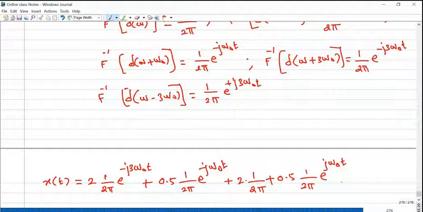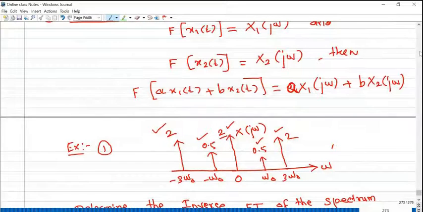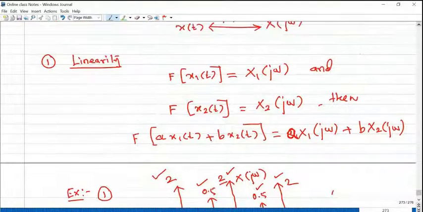Okay. The last one, del of omega minus 3 omega naught. So magnitude 2, so 1 divided by 2 pi e power j3 omega naught t. Okay. So the linearity property we have written in the form of time domain to frequency domain, the same principle is applicable for inverse Fourier transform also.